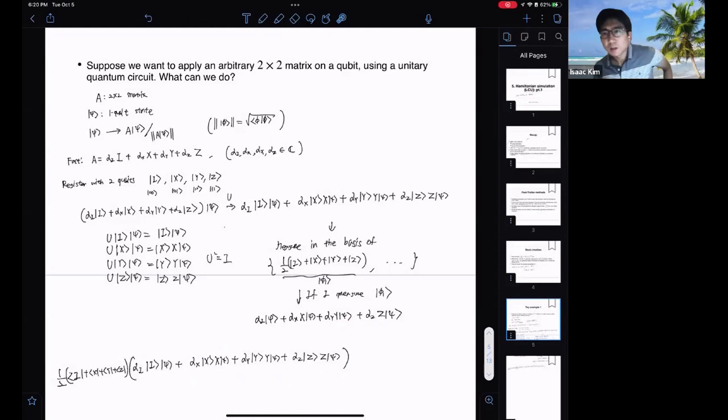Okay. So are there any questions so far? Anything unclear about this process? Okay, good.